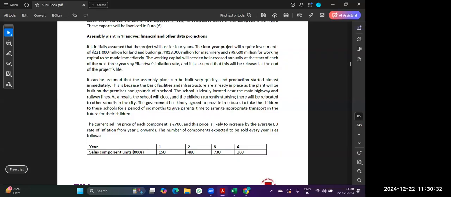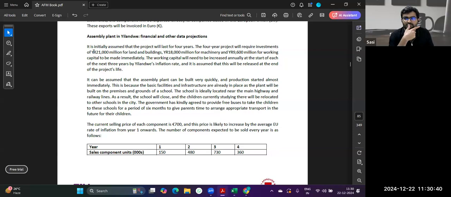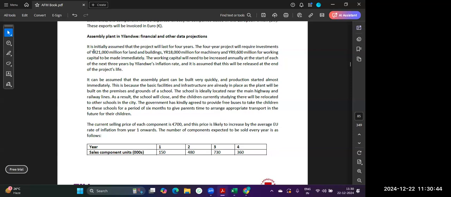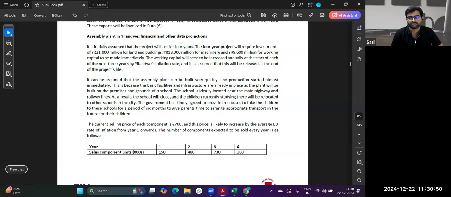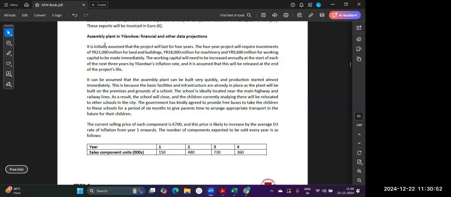The question says US is our home country. We are in US and we are investing in Yelandwe. We have to see from the investor's perspective, because it's a foreign NPV. The country where I invest is a foreign country for me, right? Yes, sir.